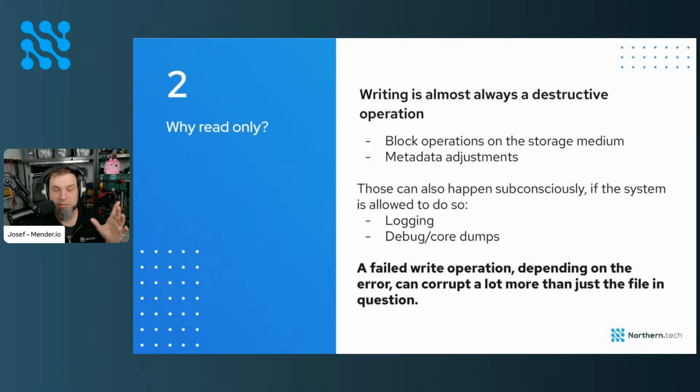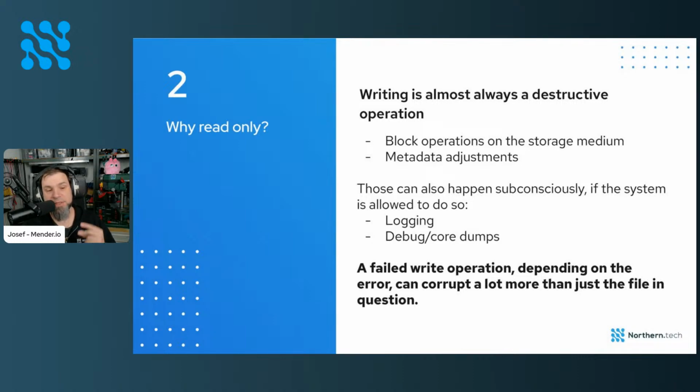This happens under the hood. You don't see it. And it can also happen if you are not aware of it. If the system decides, hey, now is a really good time to write something like logging, debugging or core dumps, or whatever things happen under the hood, unless you actively prohibit them.